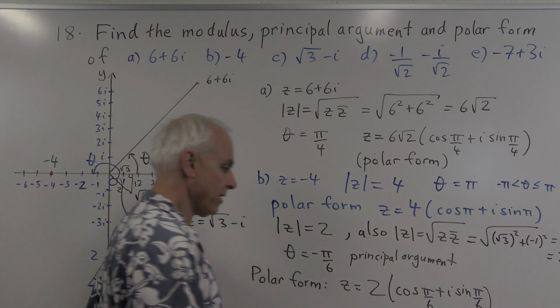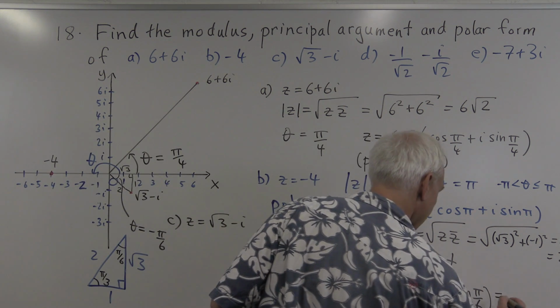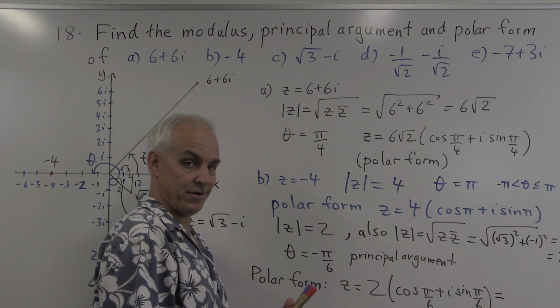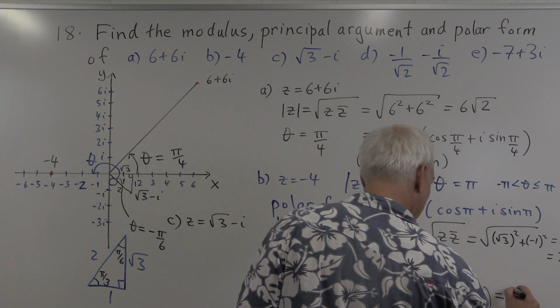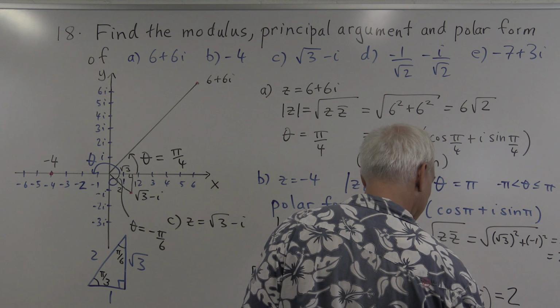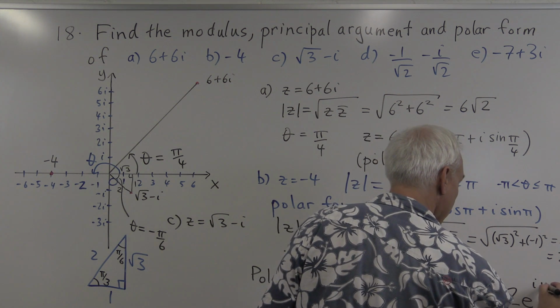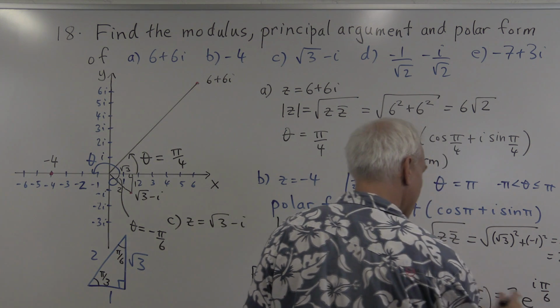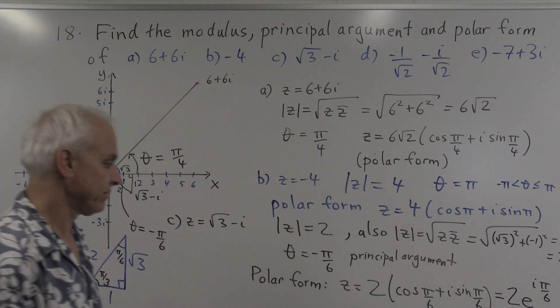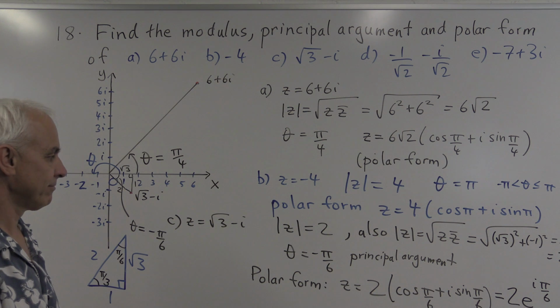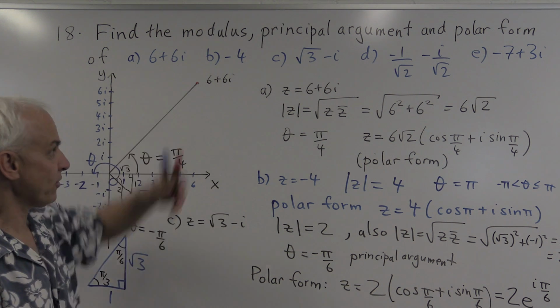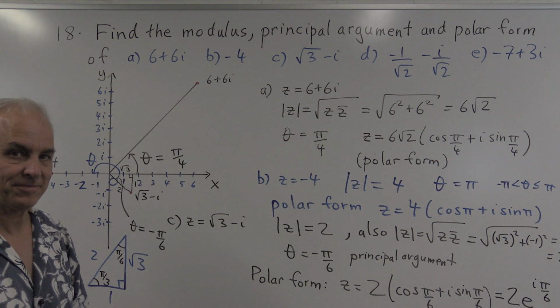And maybe it might be useful for me to mention the alternate form for the polar form, the exponential form, where you write cosine pi by 6 plus i sine pi by 6 as e to the i pi by 6. It's another way of writing that expression. So those are the first 3 examples.